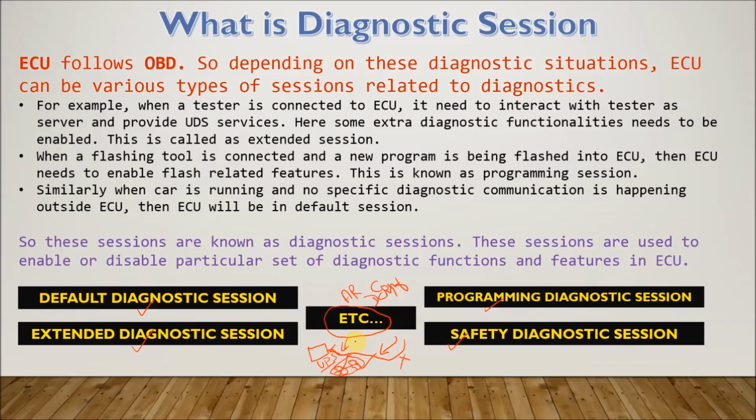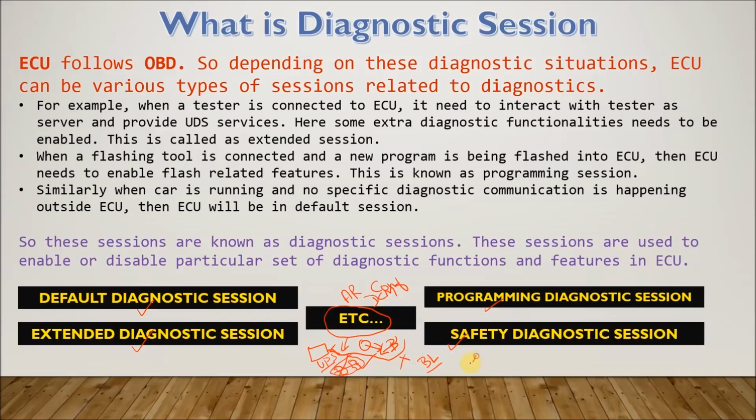And when the programming session is triggered, then what? We have to program the new application into the ECU, right? So the control will move from the application part to the bootloader part, right? The bootloader is the one which will help in flashing the new software.